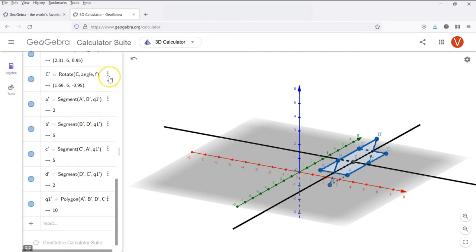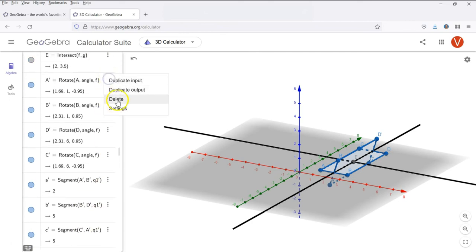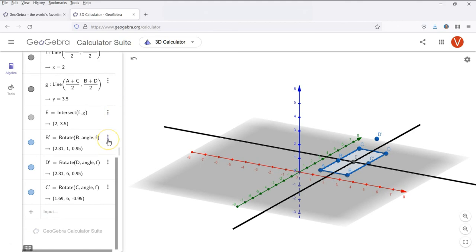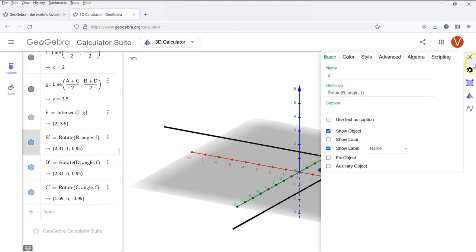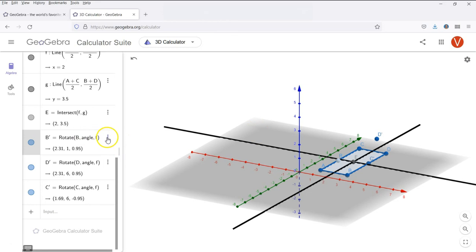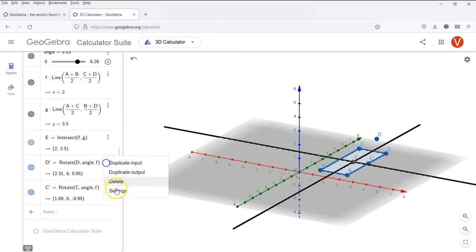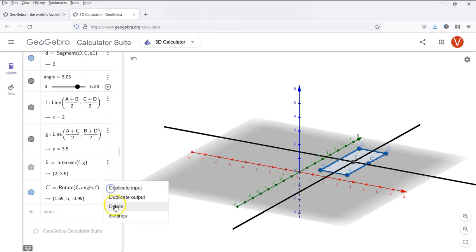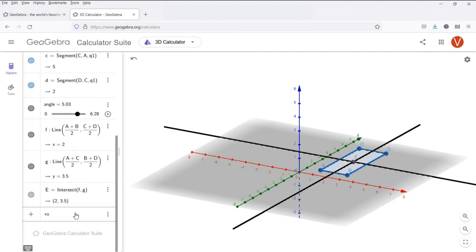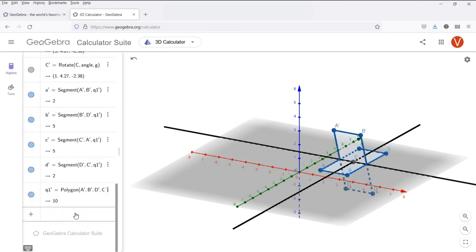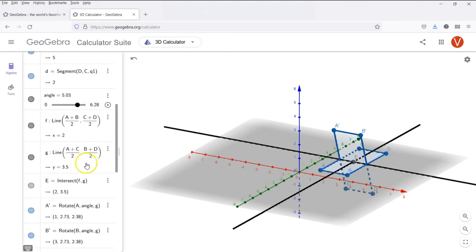Now if we have to do the same thing with respect to the other line, let's do that as well. Rotate Q1 by this angle around G, and let's see what happens.